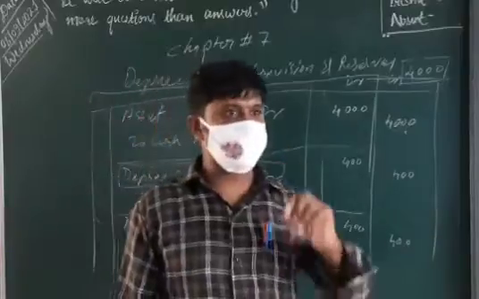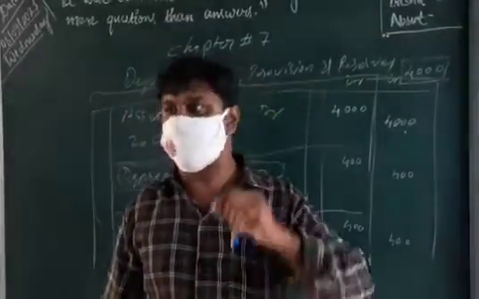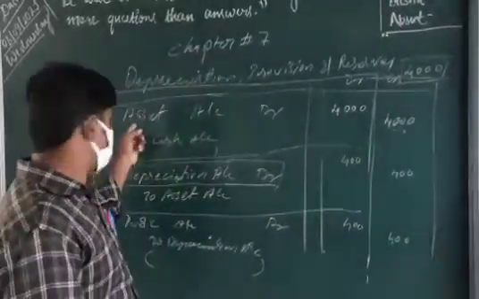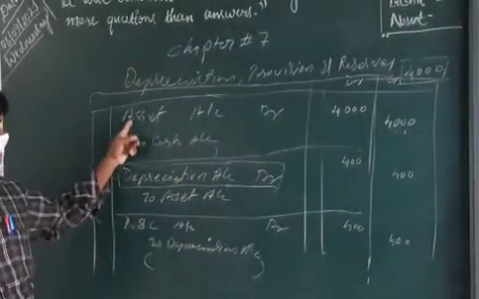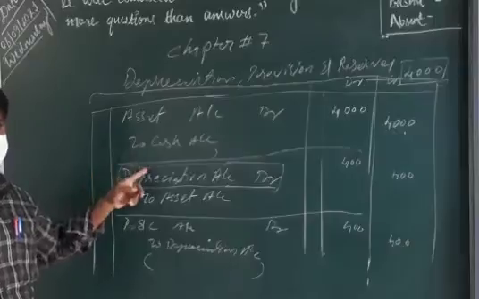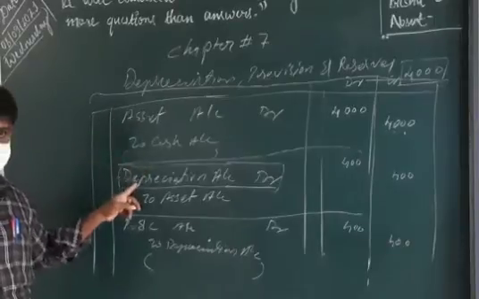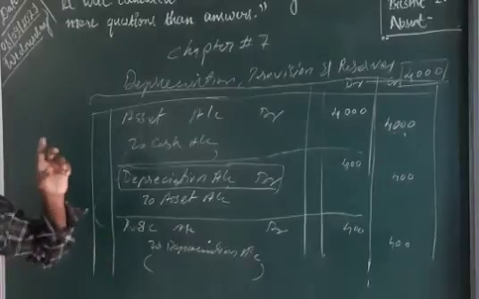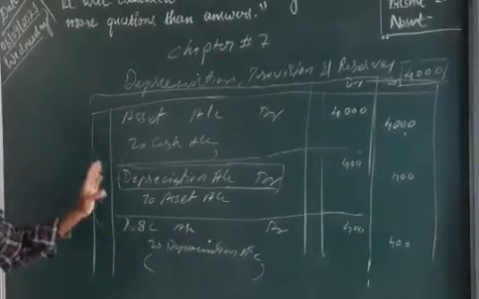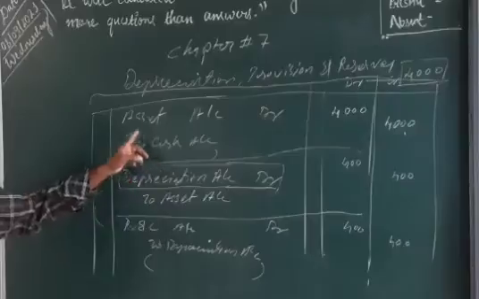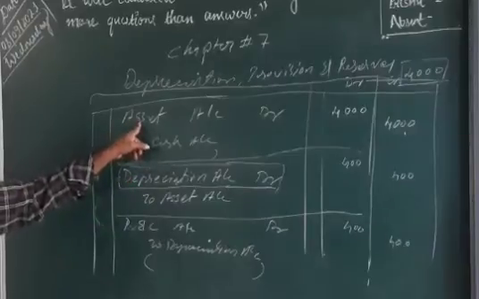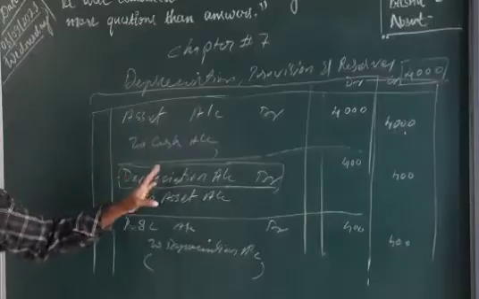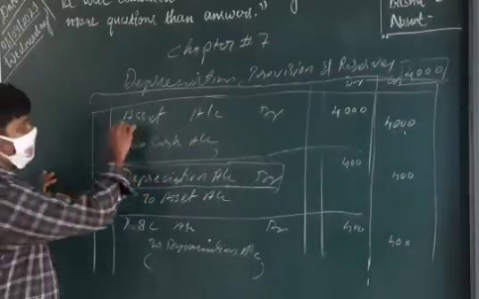When an asset or expense value is increasing, we are debiting. Here you can see that this is an asset, this is an expense. The values are increased, so we debit that. When their value is reducing, we credit that. Here you see that cash is an asset, and this bicycle is also an asset.